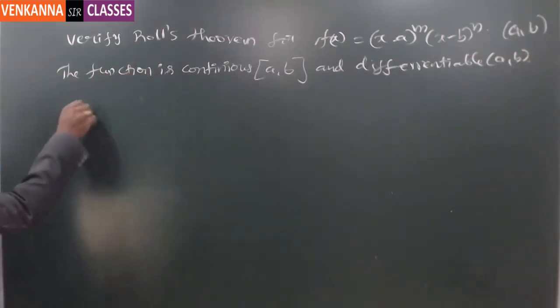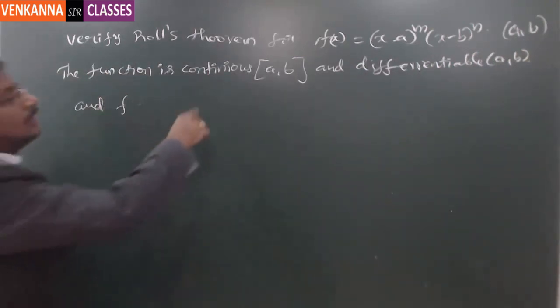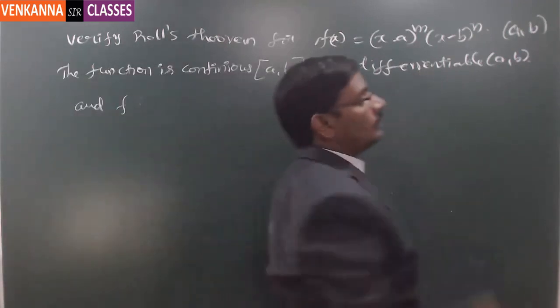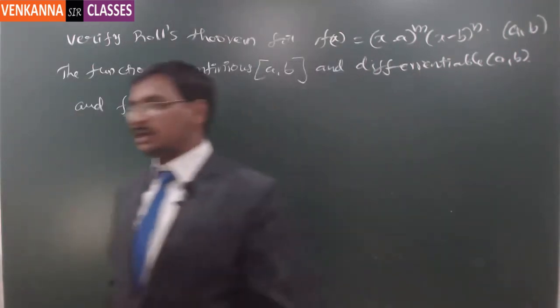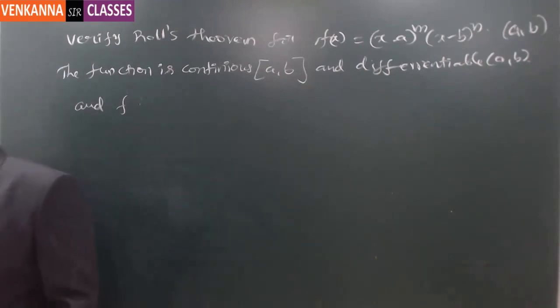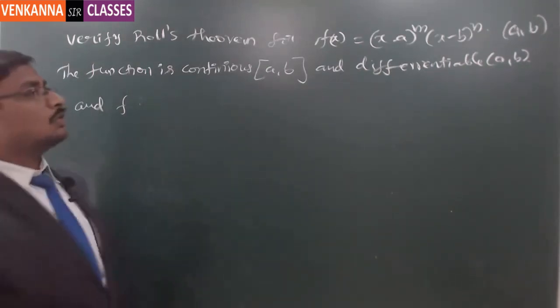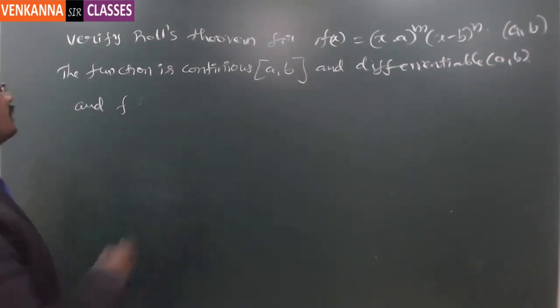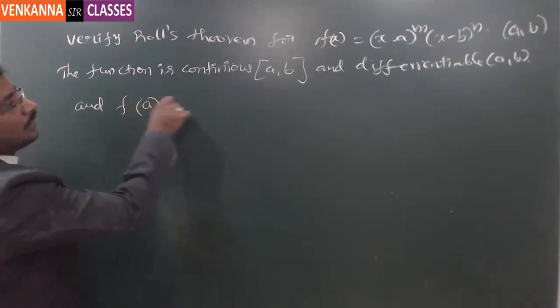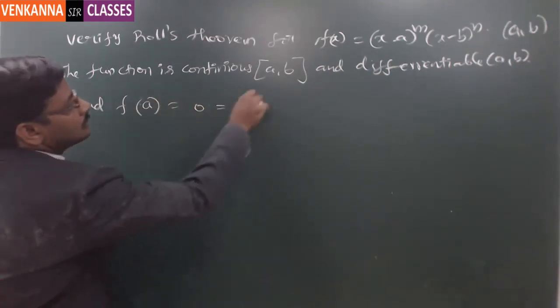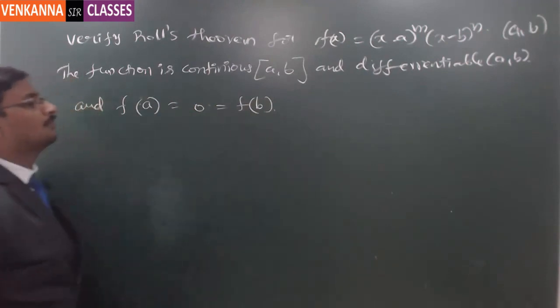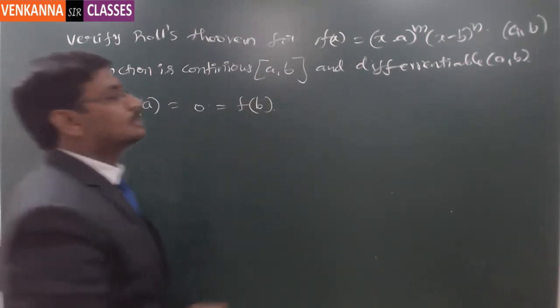All polynomials are continuous and differentiable over the real range, right? So this is a continuous and differentiable function, and f of a is equal to 0, and this is equal to f of b. So all the conditions of Rolle's theorem are satisfied.